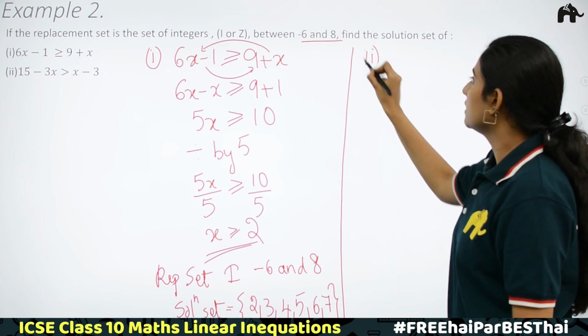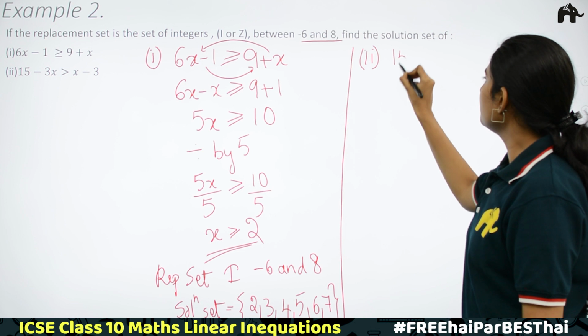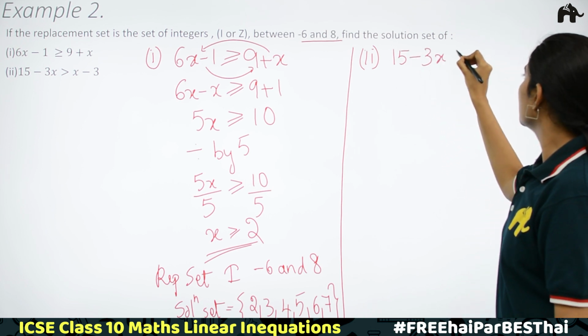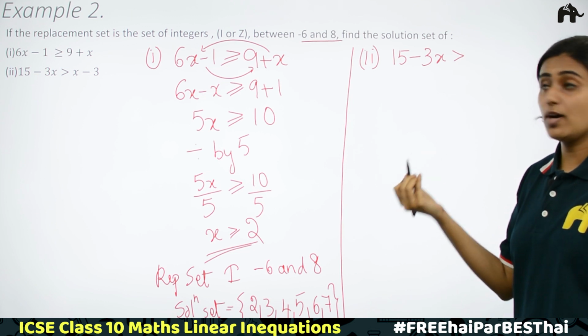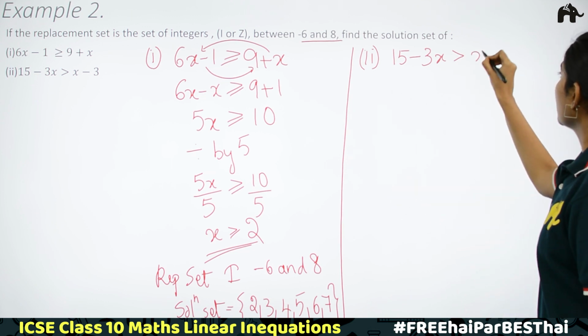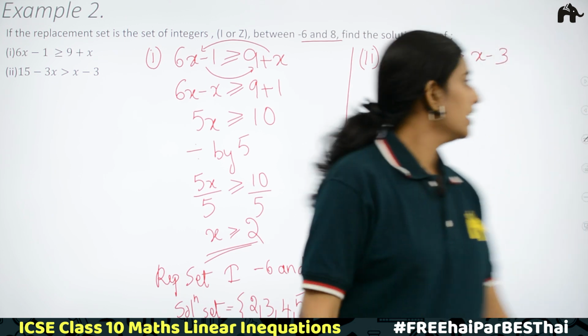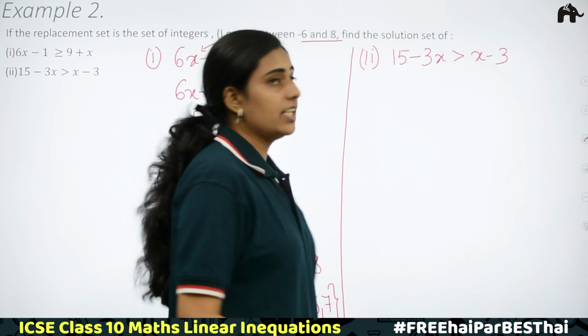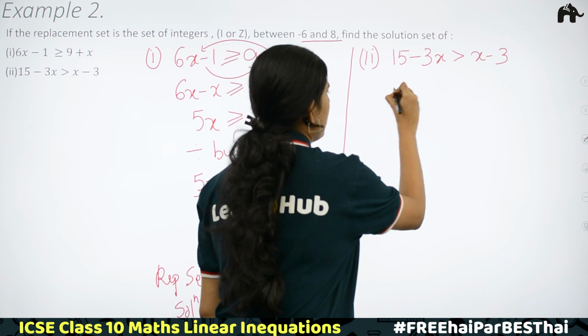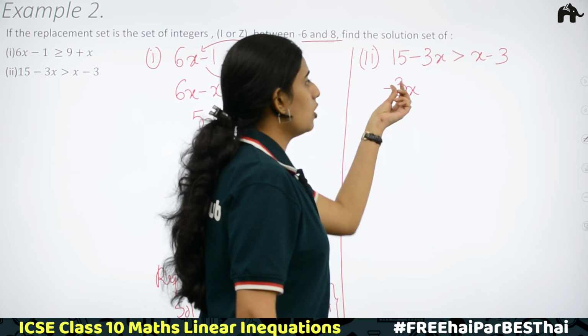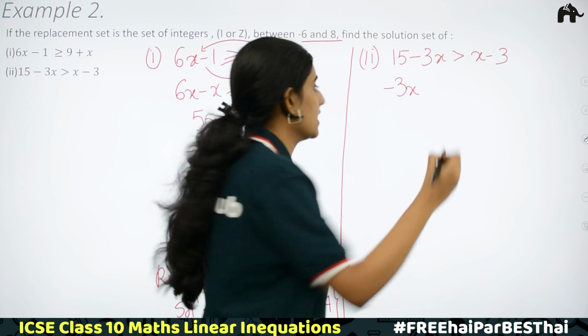Second part, the question is 15 minus 3x greater than, here the inequality is greater than, x minus 3. Okay. Taking all the variables on one side, we have minus 3x here. When x is taken to the opposite side, it becomes minus x.